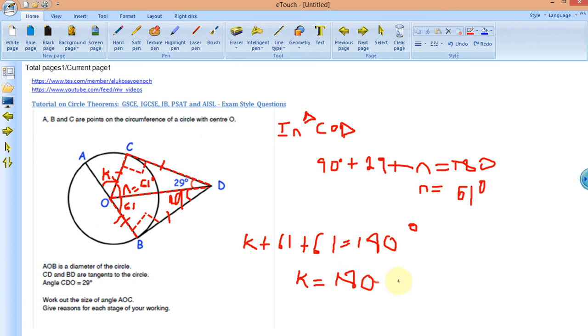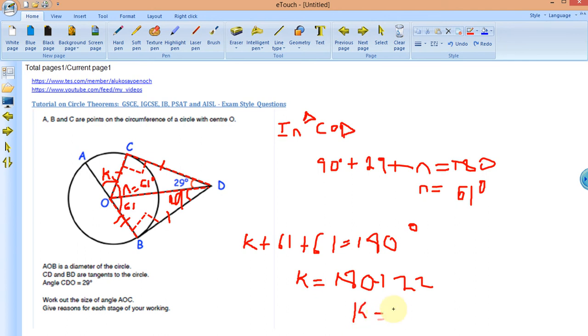I don't know why I continue using the laser, guys. Finally we are getting to the end of our tutorial class. 180 minus 122, I just like to play, guys. I'm super playful. So that is 58 degrees.